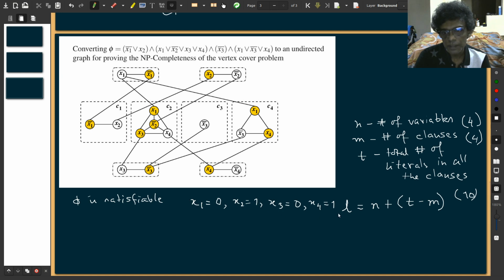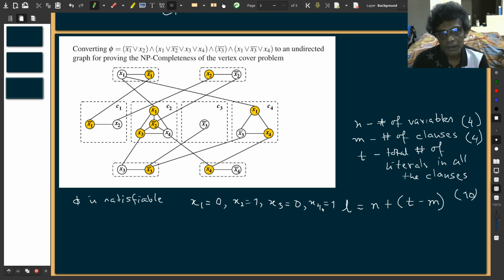Now I have to show that this truth assignment satisfies phi. That's not so difficult to see, because suppose I have chosen x4 complement here and I have not chosen x4 here. Suppose this yellow is not here but here. In that case x4 complement is 1, so x4 is 0.